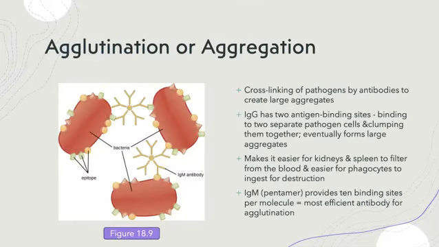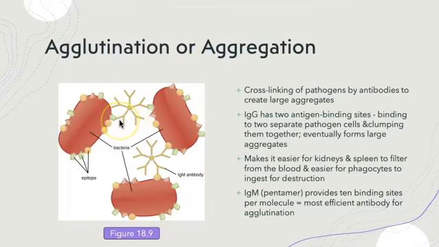Another function of our antibodies is agglutination, or it's called aggregation. And this is one of my favorites because in the term agglutination is the word glue. So I think literally of gluing these pathogens together. It does this by cross-linking the pathogens by the antibody to create these large aggregates.